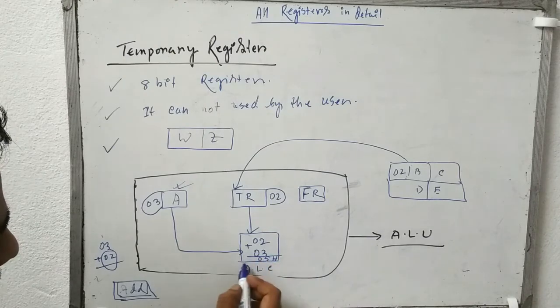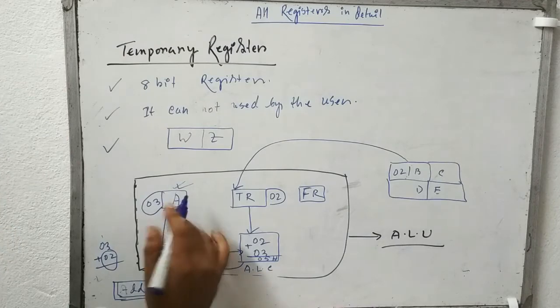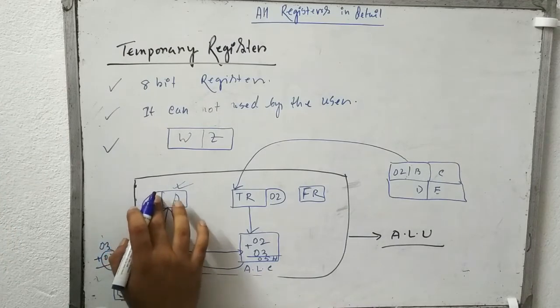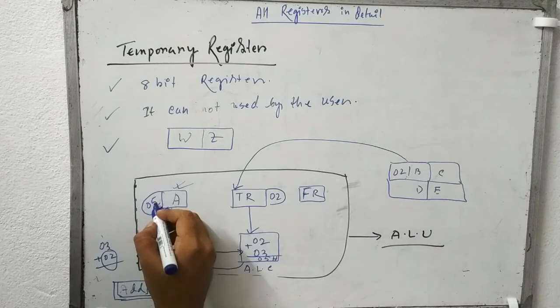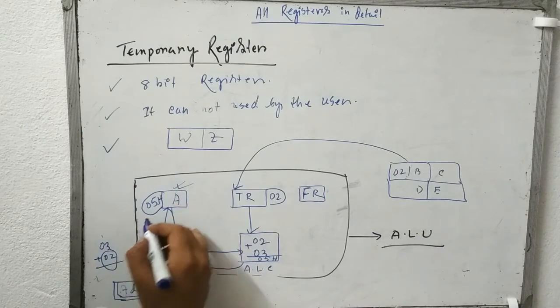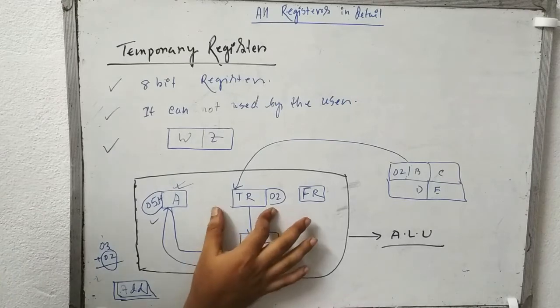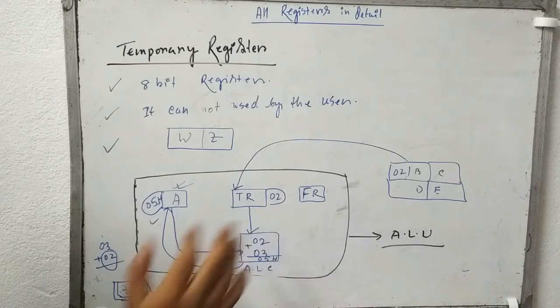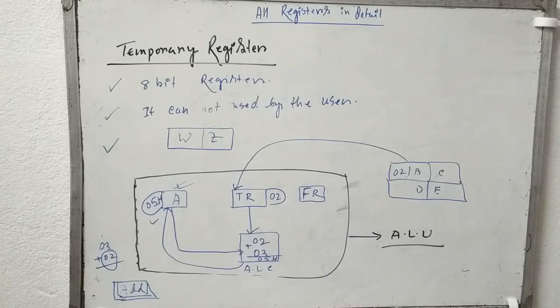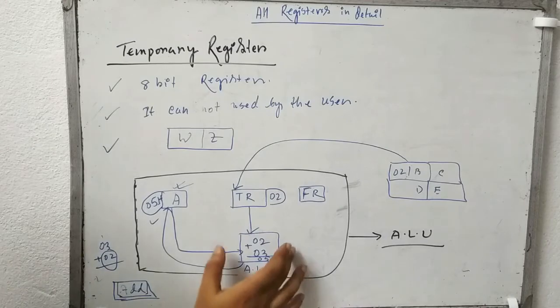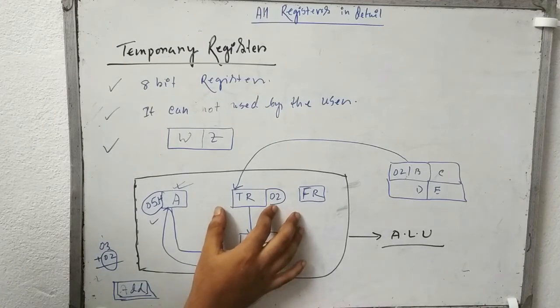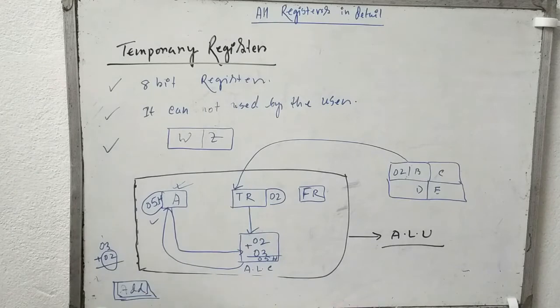Then this answer will be stored again in the accumulator. That means it will be rewritten with the new answer, 05 hex. So this is the whole process, and this is the use of the temporary register: to store the operand before any operation is performed. So this was the temporary register.